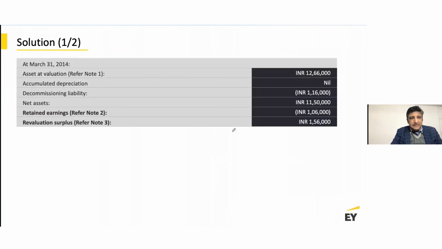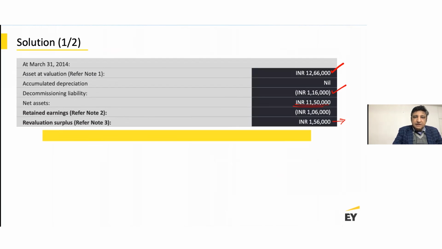Let's have a look at the formal solution on this. As at 31st of March 14, we had picked this value of 12,66,000, and we had, of course, the decommissioning liability of 1,16,000, which gives me the value of the asset as 1150, representing a revaluation surplus of 1,56,000.